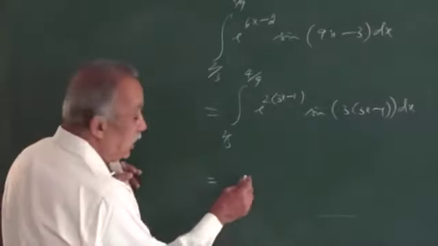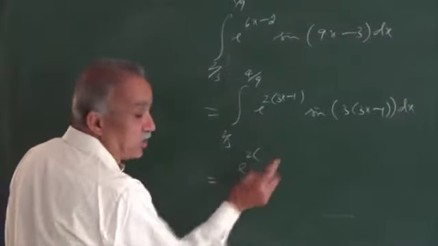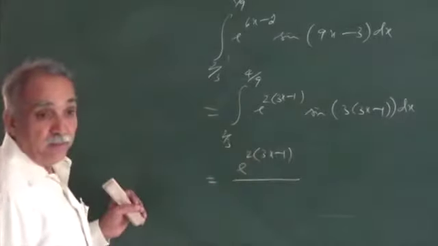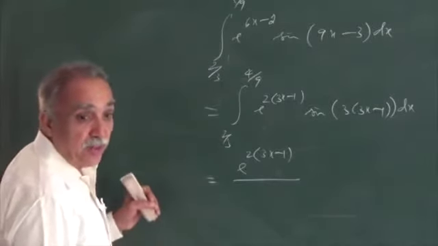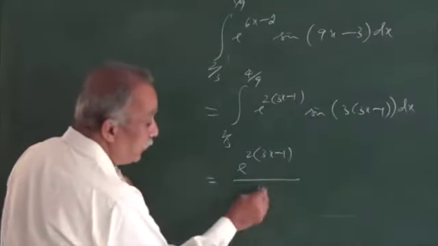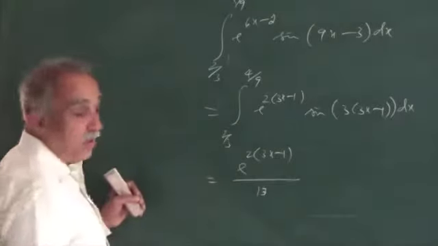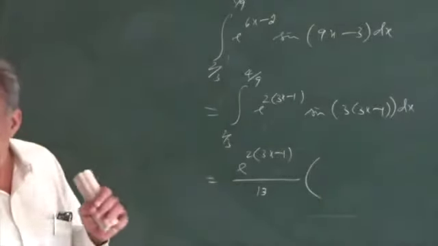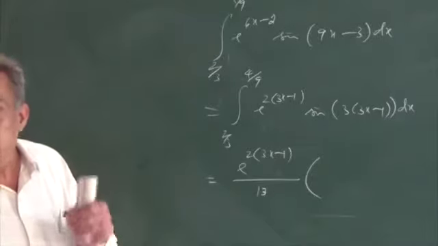It is e to the power ax, in this case e to the power 2 into 3x minus 1, divided by a square plus b square, 2 square plus 3 square, 13, into a sin bx minus b cos bx.